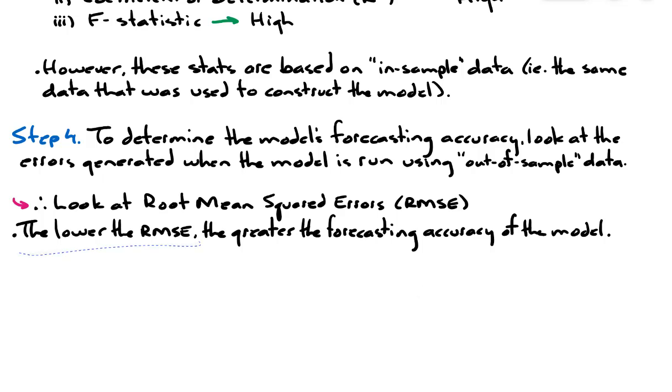The lower the root mean squared errors, the greater the forecasting accuracy of the model. And again, even if you're not a quant person, what's the key word in root mean squared errors? Errors. So if someone tells you that this model has lower errors, even if you don't know what's happening with in-sample and out-of-sample data, that should set the tone for the answer. Lower errors means greater forecasting accuracy.